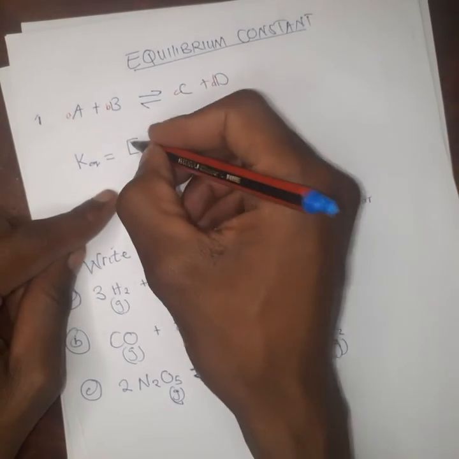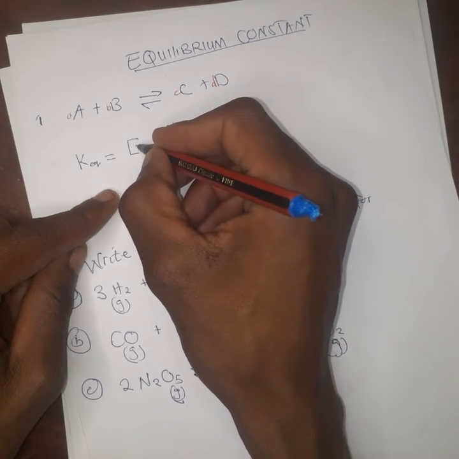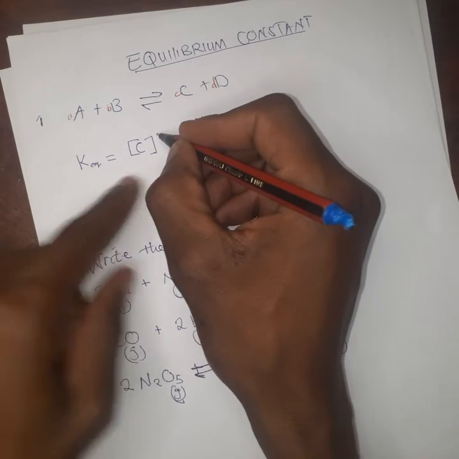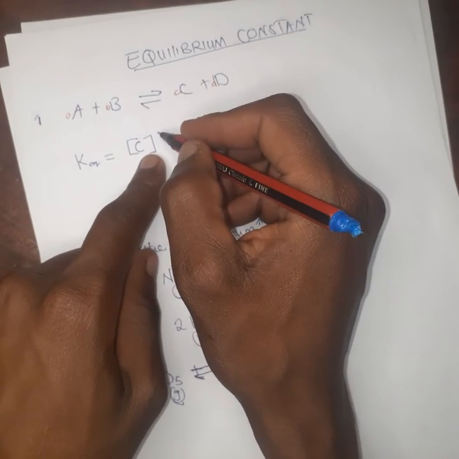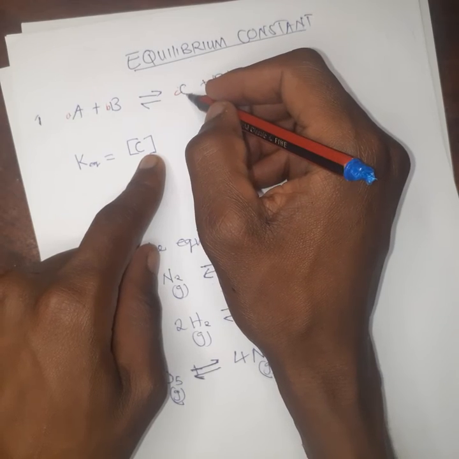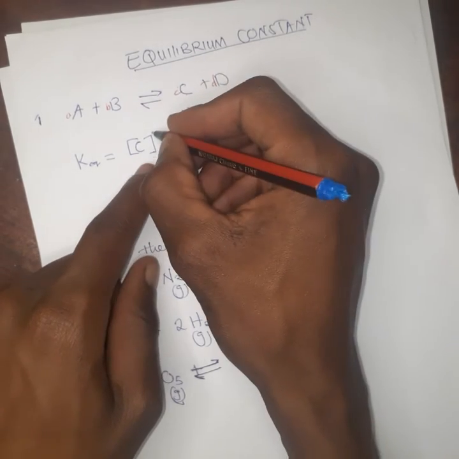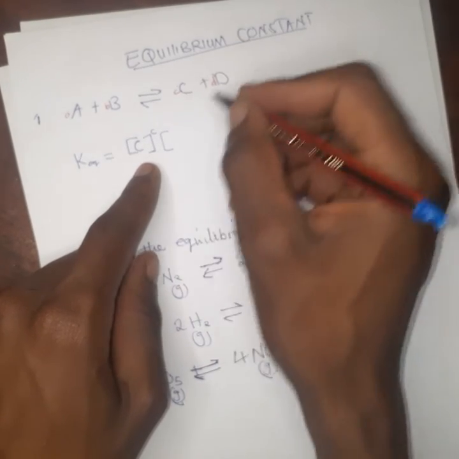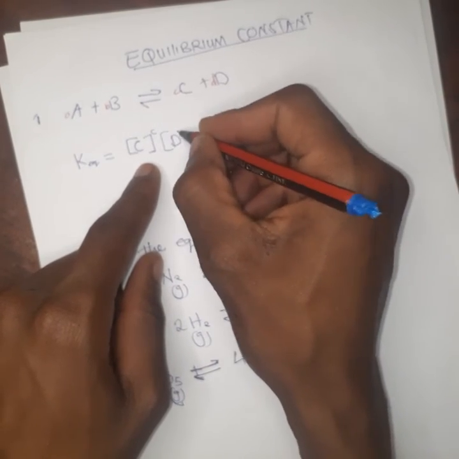So C: open the bracket, write C, then close the bracket. Now on top of this square bracket, you have to put the number which is in front of this compound. So in this case we have [C] to the power c, times [D] to the power d.